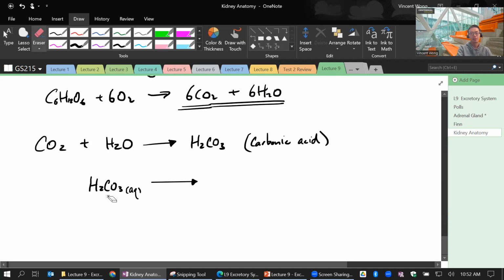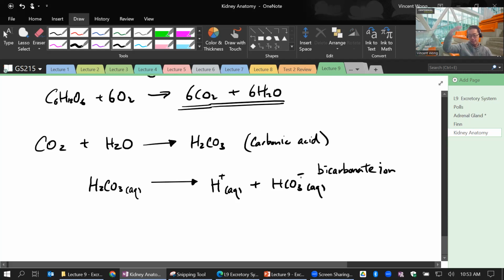Okay, sorry. So H2CO3 is gonna dissociate, right? It's gonna basically break down into H+ and HCO3-. This is bicarbonate, the bicarbonate ion, the same one as in pancreatic juice, sodium bicarbonate.